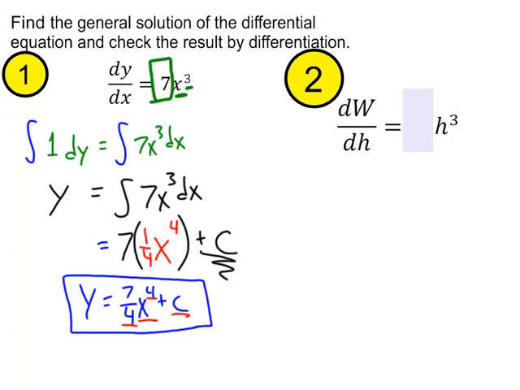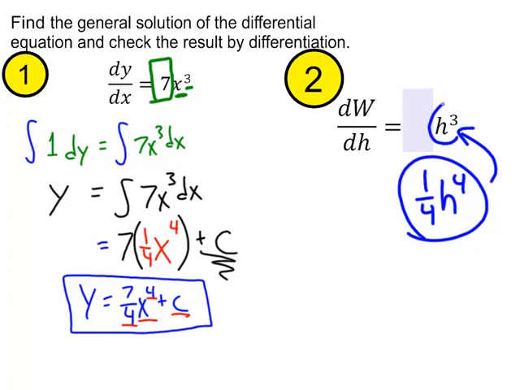And as we discussed before in the previous exercise, you'll get h to the fourth. The exponent goes up 1, and then we need that 1/4 in there to balance it out when we apply the power rule. So I'm mentally already checking it in my head and saying, if I derive this, do I get this? Answer is yes. Okay, we reveal the constant that was hanging out all along, e to the fifth.